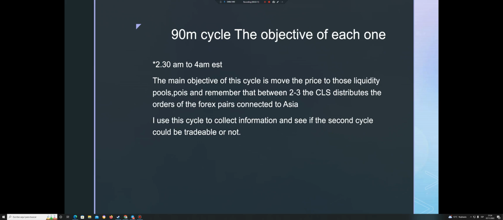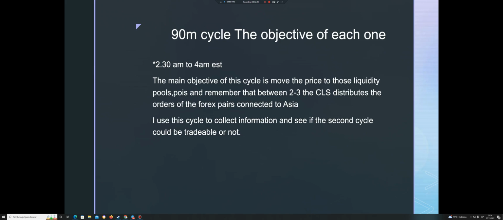So imagine the price is running to those stops of Asia high. It takes Asia high between 2 and 4, and when it comes to 4, the CLS starts distributing for those European pairs. So maybe sometimes price takes the Asia high, creating the high of the day or the high of the session, and it just starts coming back.